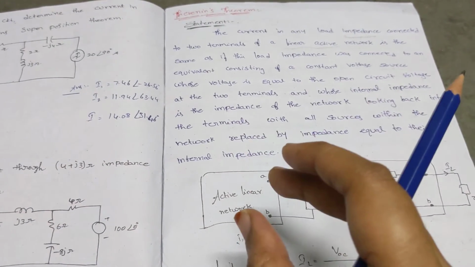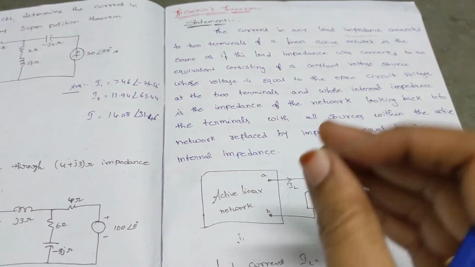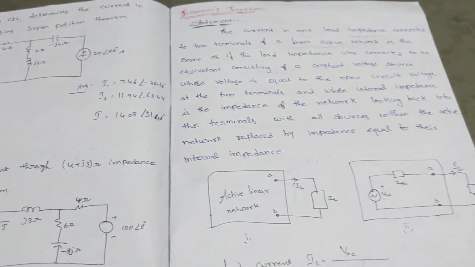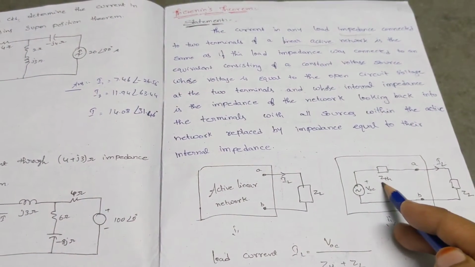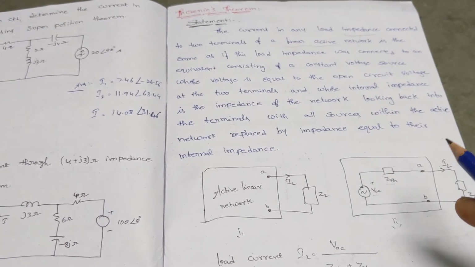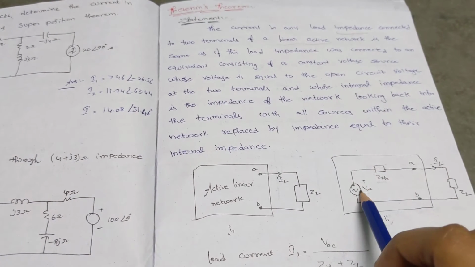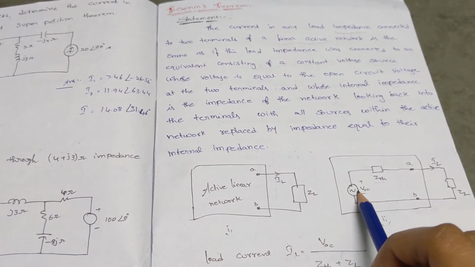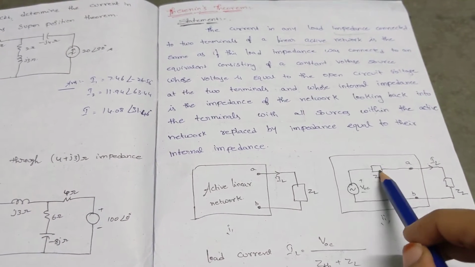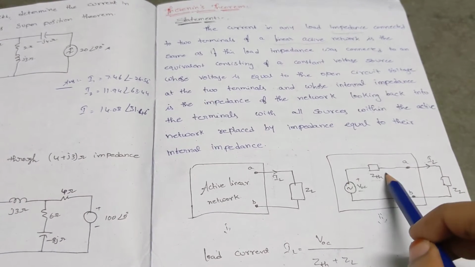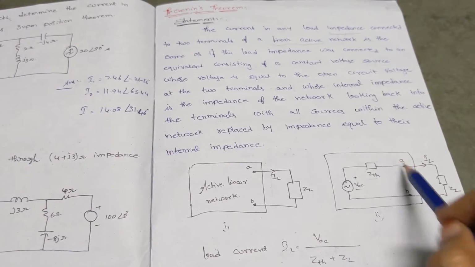I am reducing them, finding the equivalent resistance or impedance, and we call that Thevenin's equivalent impedance or resistance. The open circuit voltage and Thevenin's equivalent impedance are connected in series across the two terminals of your load resistance or load impedance.